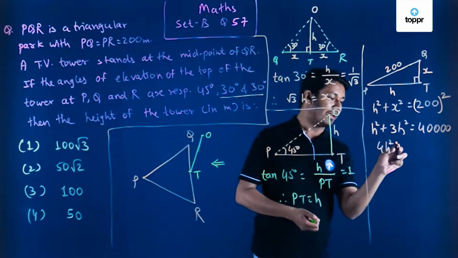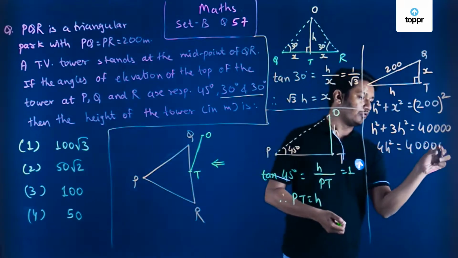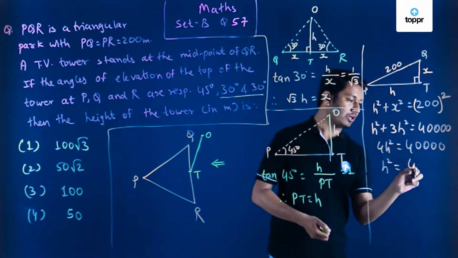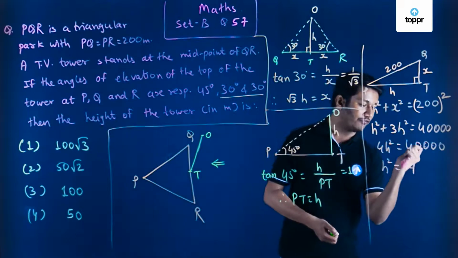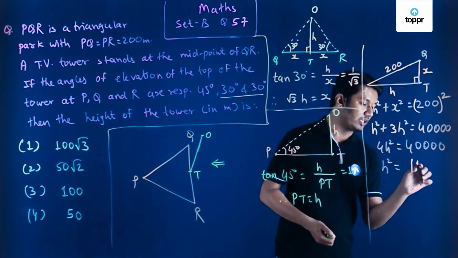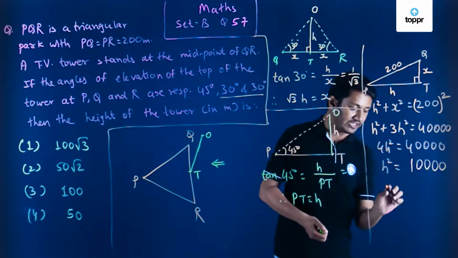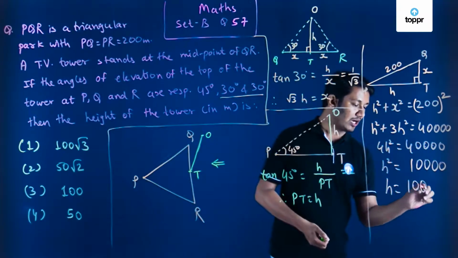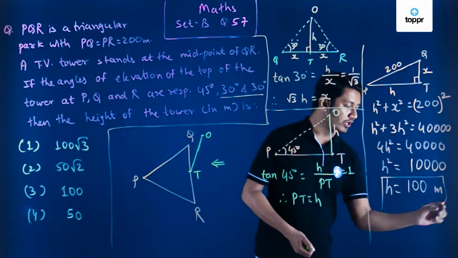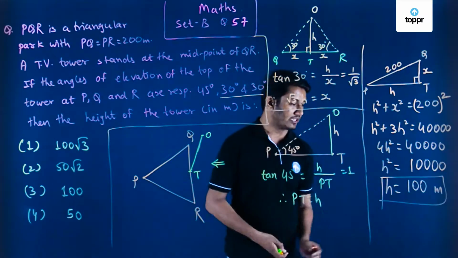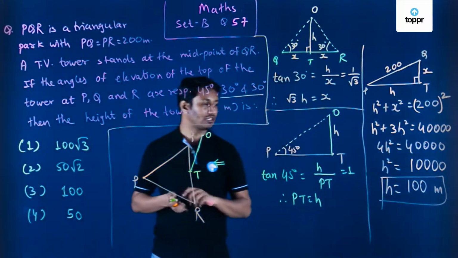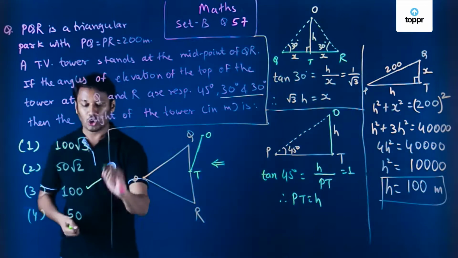Further, this is 4h square equal to 40,000. So h square will be equal to, if I divide by 4, 40,000 by 4 will give me 10,000, and if I take square root, then h will be nothing but 100 with the unit of length given to us, that is meters. So my answer becomes the height of the tower is 100 meters, and that is nothing but option number 3.